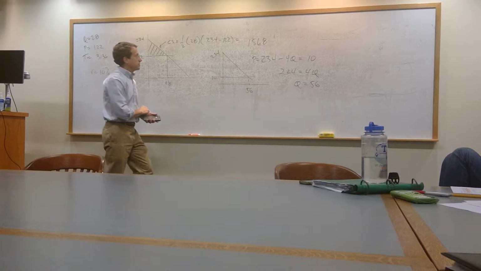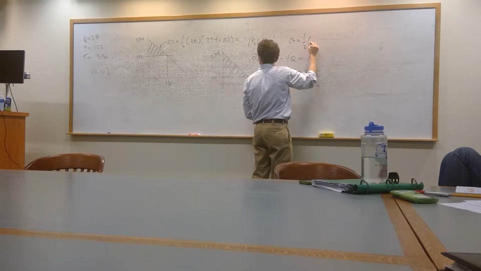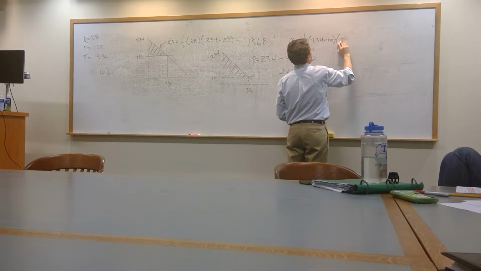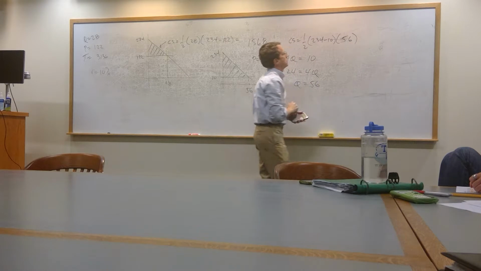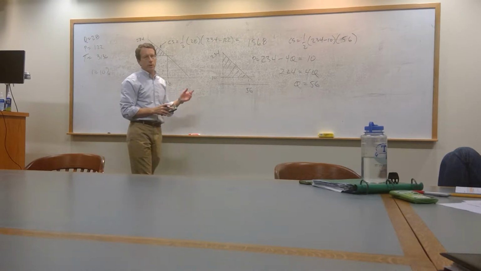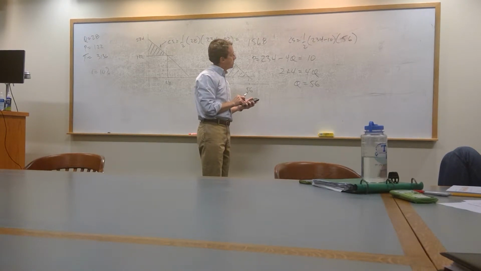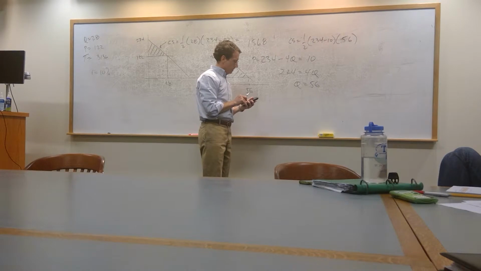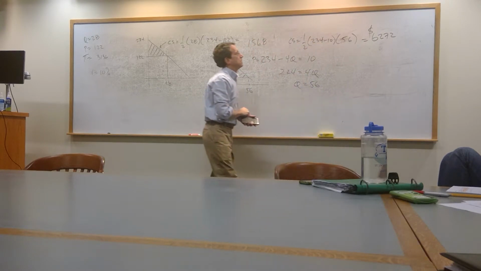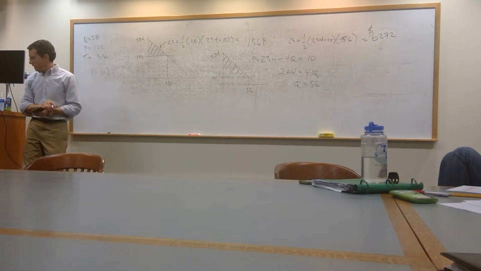So the post monopoly period. In the post monopoly period, the CS is this whole area. So it's $6,000 or so.